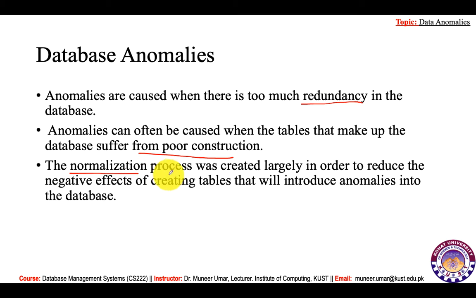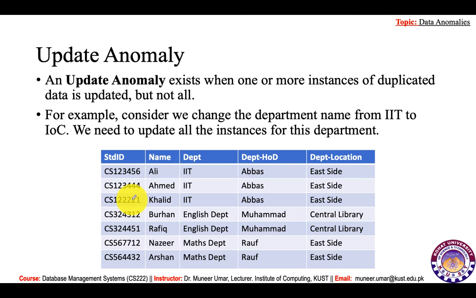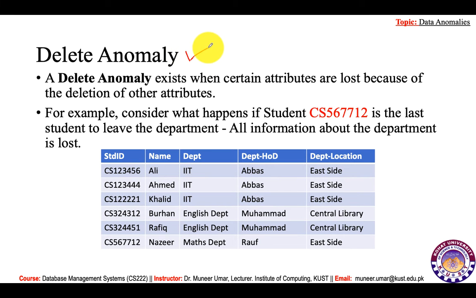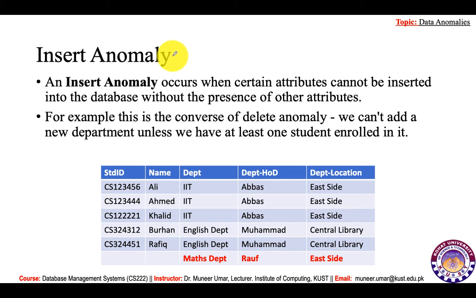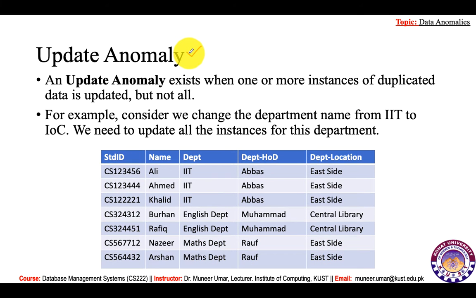So, the normalization process was created largely in order to reduce the negative effect of creating tables that will introduce anomalies into the database. We have three types of anomalies. The first one is update anomaly, second one is delete anomaly, and the third one is insert anomaly.